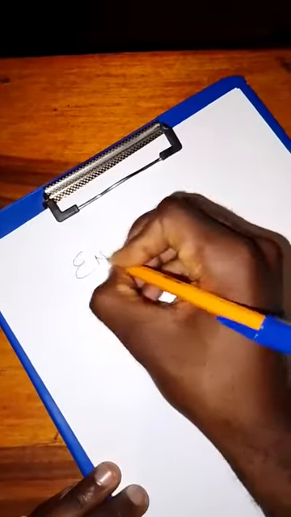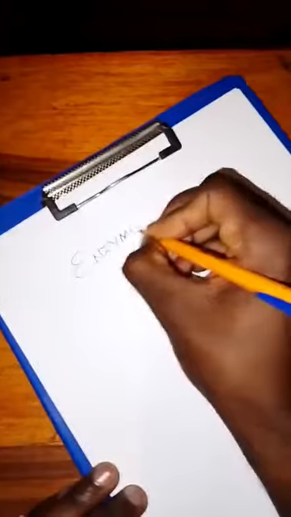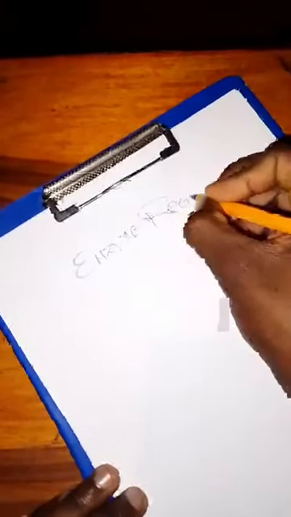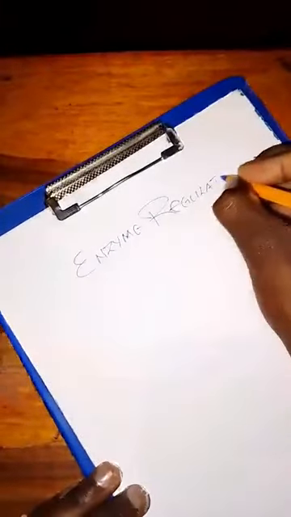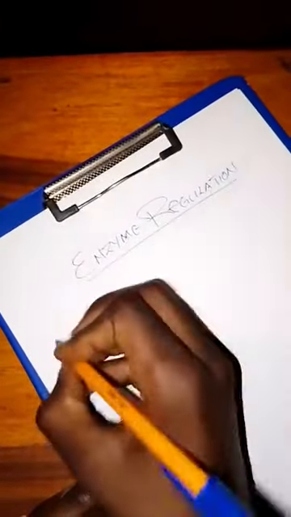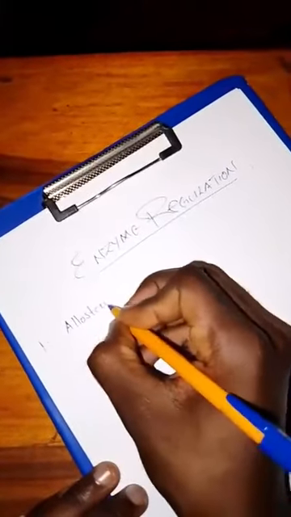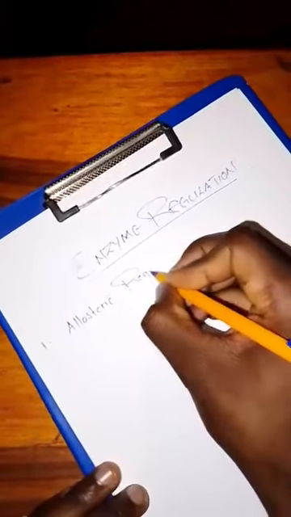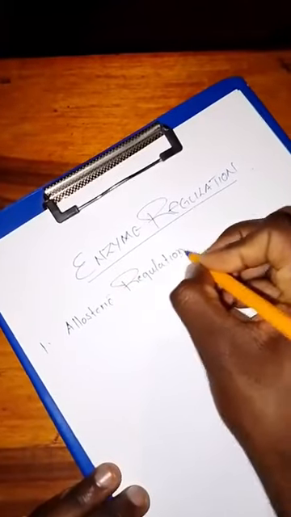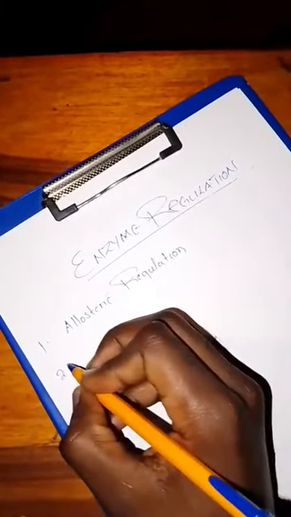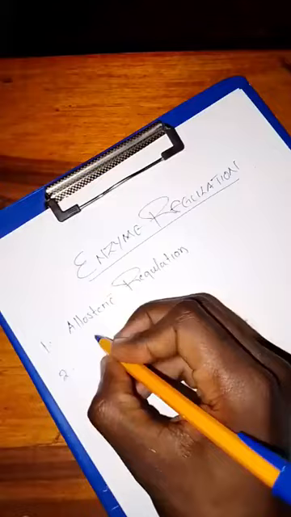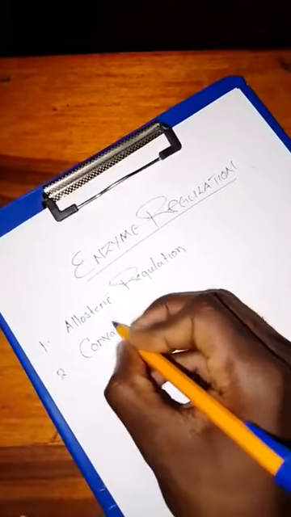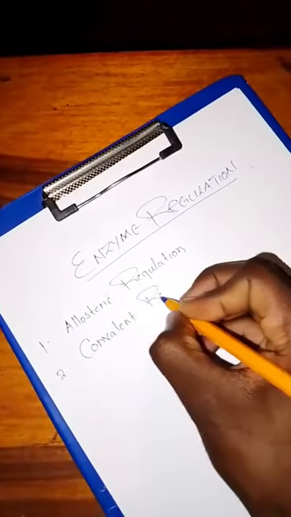So let's just write enzyme regulation. We have what we call allosteric regulation. We also have what we call covalent regulation.